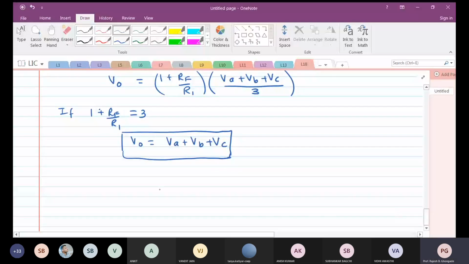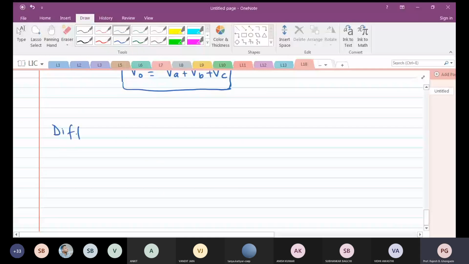Another important application that we're going to see is a difference amplifier. And yes, as you may have guessed properly, this is going to amplify the difference between its two inputs.